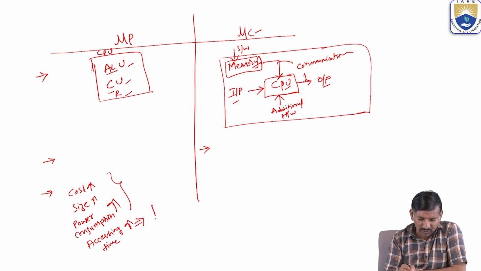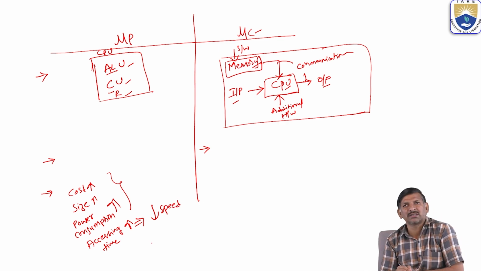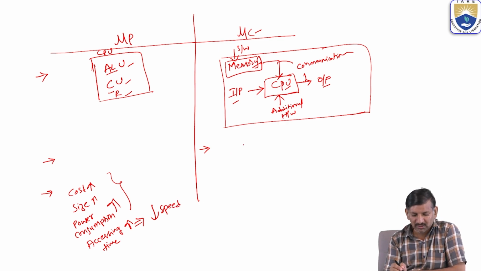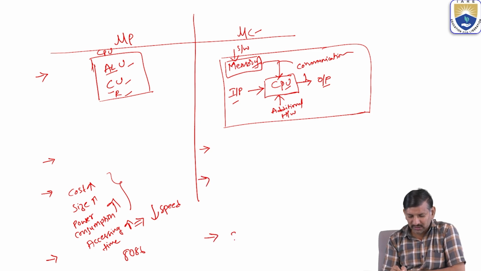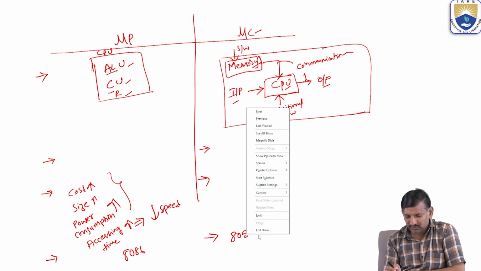Automatically, it leads to reduced speed in microprocessor based design when comparing with microcontroller based design. So all these are eliminated here. An example for a microprocessor is the 8086 microprocessor. An example for a microcontroller is the 8051 microcontroller.